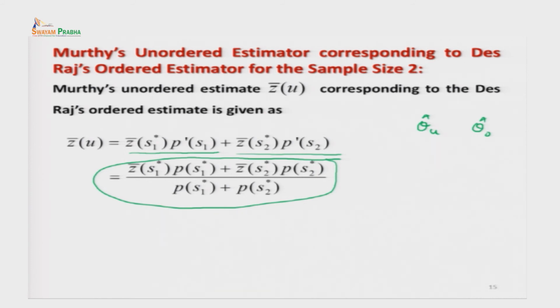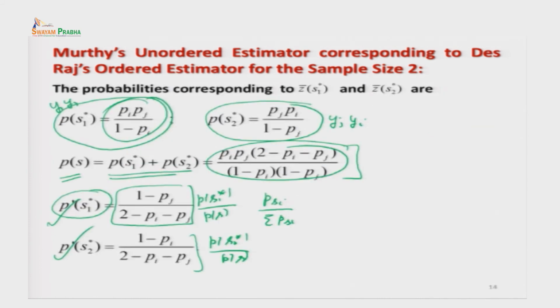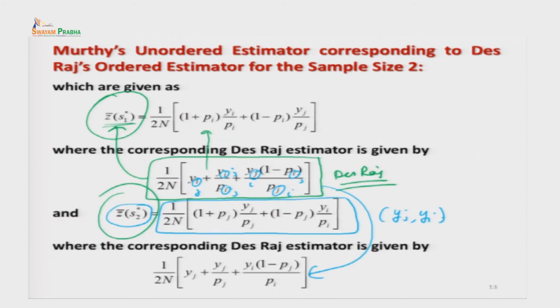Now before I go further, if I ask you, can you simplify it? What you have to do is simply substitute all these values which you have obtained here, here and here. I will write it in red color. Z bar S1 star and Z bar S2 star are here.